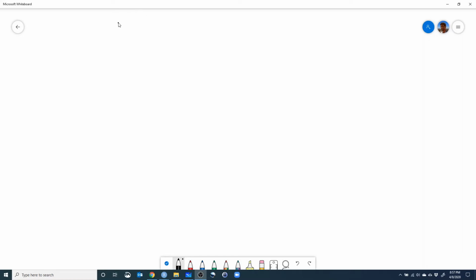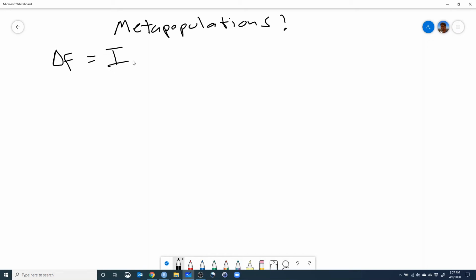So we're going to do some metapopulation modeling, metapopulation math. And so the basic equation that we just went over was delta F, that's the change in the proportion occupancy in the metapopulation per unit time, is equal to the total colonization rate minus the total extinction rate. Now, we've already defined a couple terms.